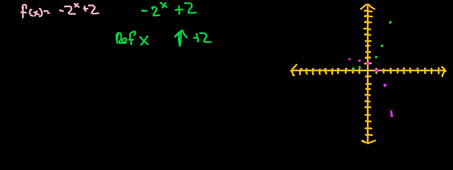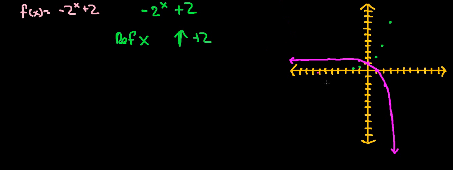So now I have a pretty good idea of what this graph looks like. It's going to approach 2 here. So 2 is an asymptote, a horizontal asymptote, in case you did not notice. And this is going to go to minus infinity.